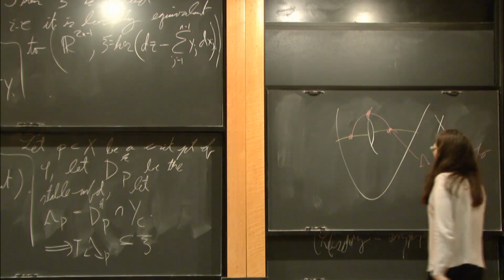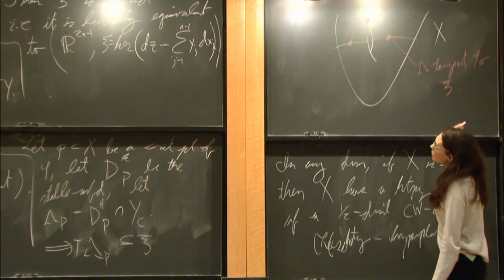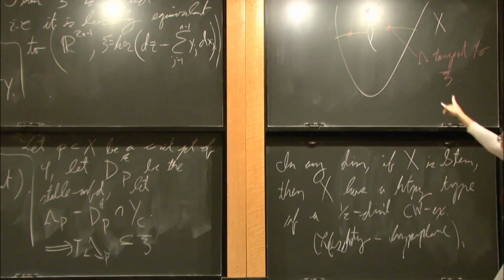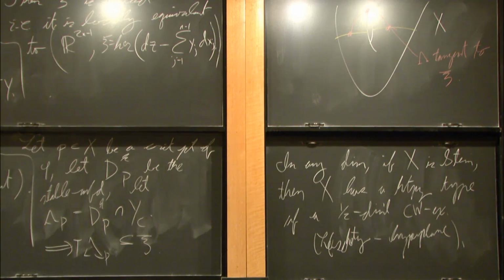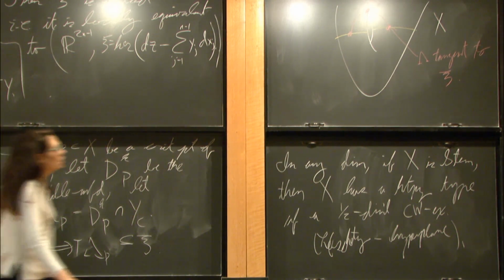So immediately, this implies that it's hard to be tangent to this if I have too many dimensions. So the dimension of this has to be small.